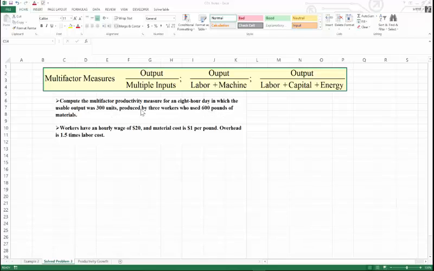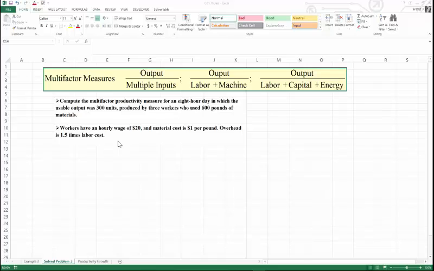So in terms of inputs, we have the workers' information, 3 workers, each working 8 hours a day. We also have the raw materials, which is 600 pounds. The workers have an hourly wage of $20, and the material cost is $1 per pound. Overhead is 1.5 times labor cost.